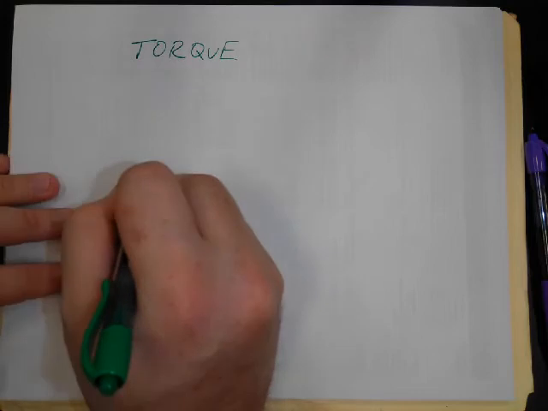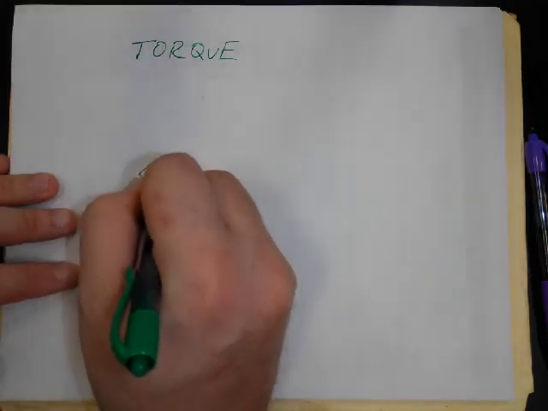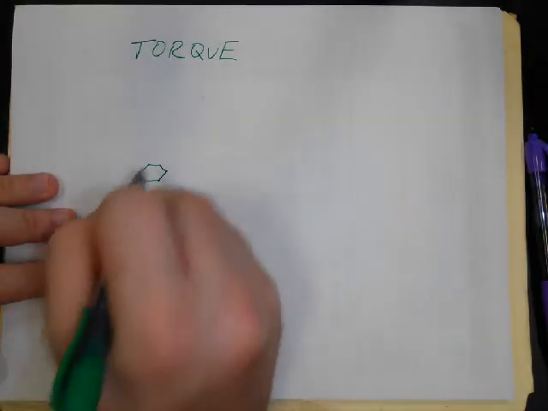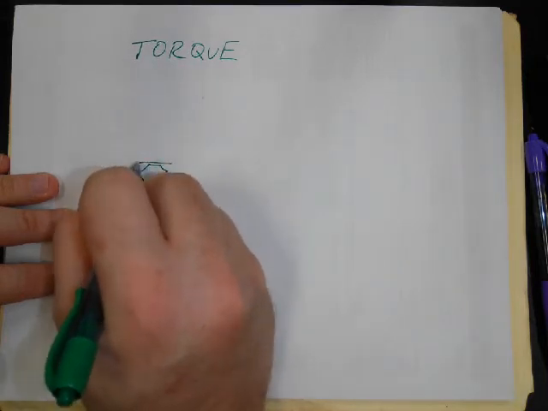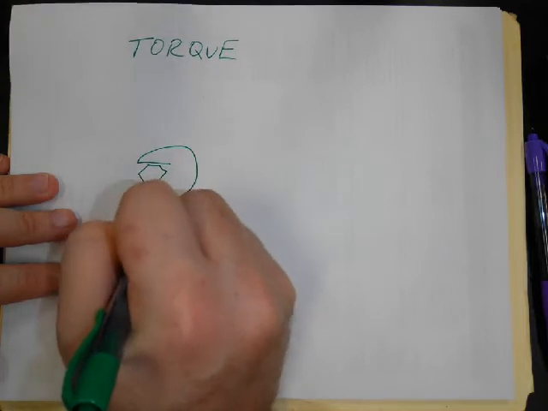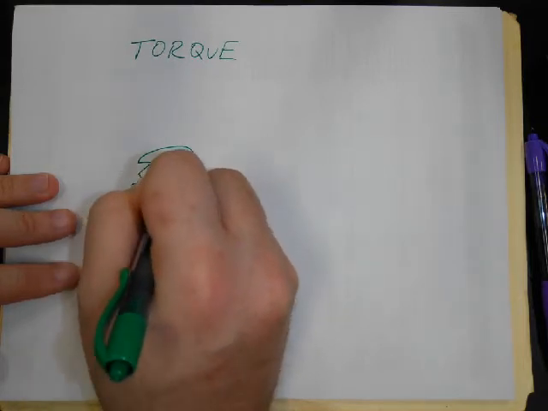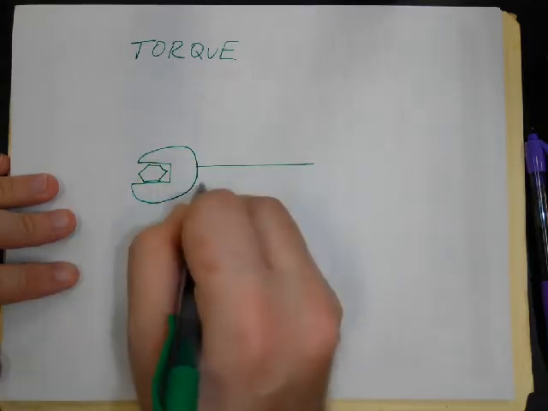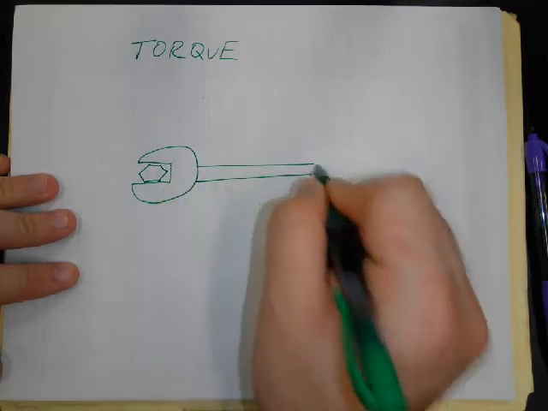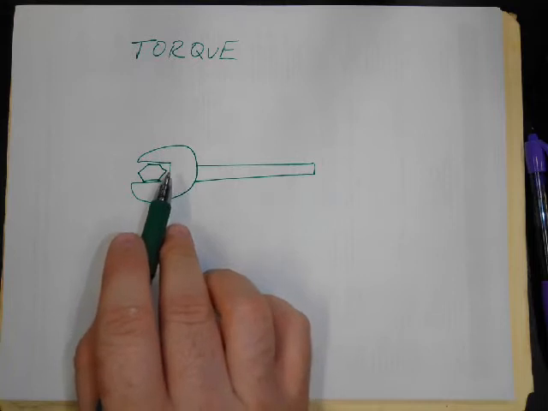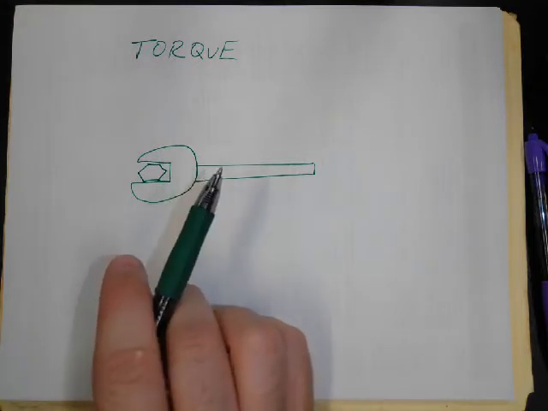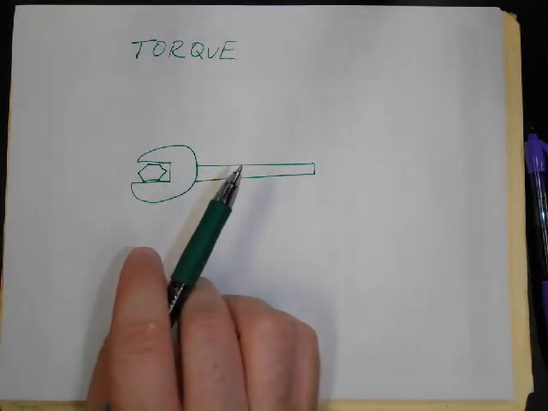So here is a fastener, and then here is the wrench that is on it. And there's the wrench body. There's our wrench, and this wrench is going to slip at an appropriate level of torque.